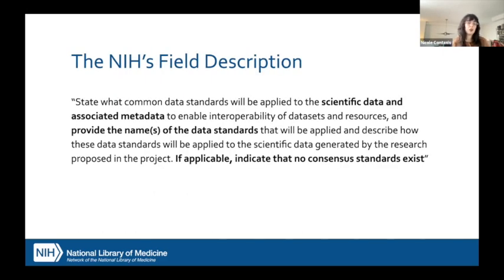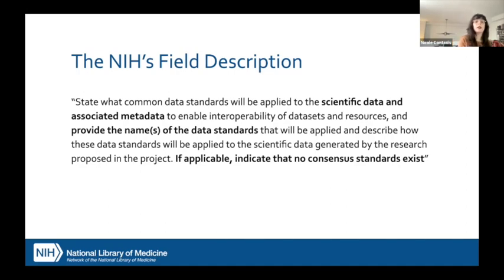So let's get into the actual field description. What the field description says is state what common data standards will be applied to the scientific data and associated metadata to enable interoperability of data sets and resources, and provide the name or names of the standards that will be applied, and describe how these data standards will be applied to the scientific data generated by the research proposed in the project.